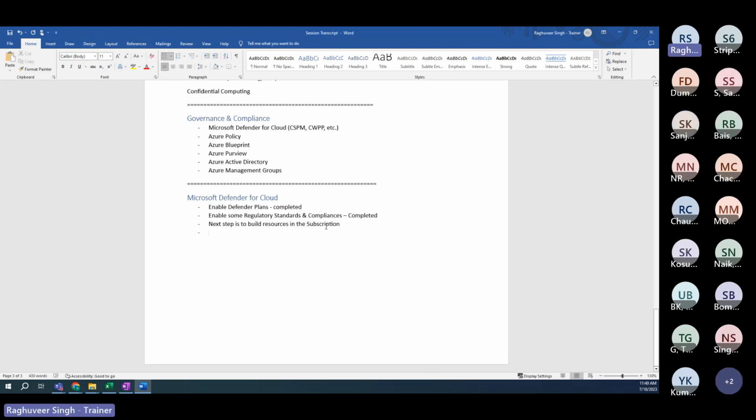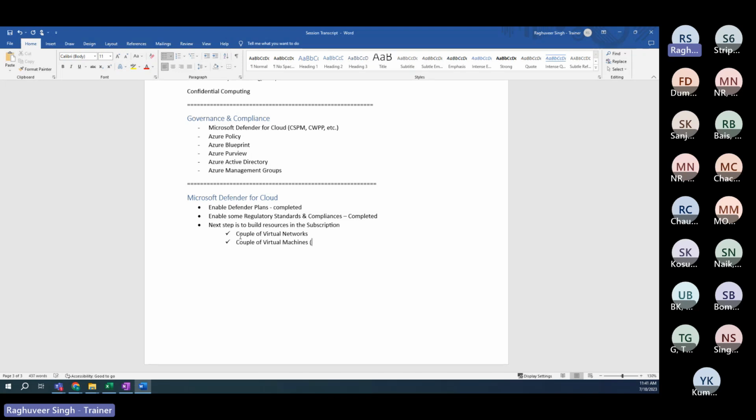Now the next step is to build resources in the subscription. Our next step is to build services and resources, and this is what you need to build at a bare minimum. Go ahead and build a couple of virtual networks, and a couple of virtual machines.